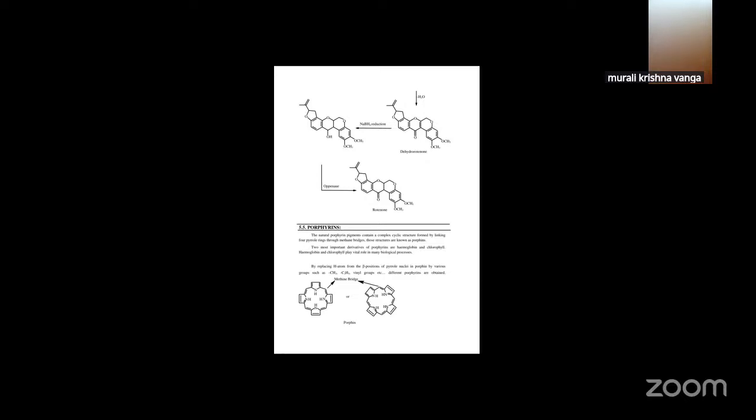Hemoglobin and chlorophyll play a very important role in biological processes. By replacing the hydrogen atoms at the beta position of the porphyrin nucleus with groups such as methyl, ethyl and vinyl, different porphyrins are obtained. Here the methylene bridges are present in porphyrin.